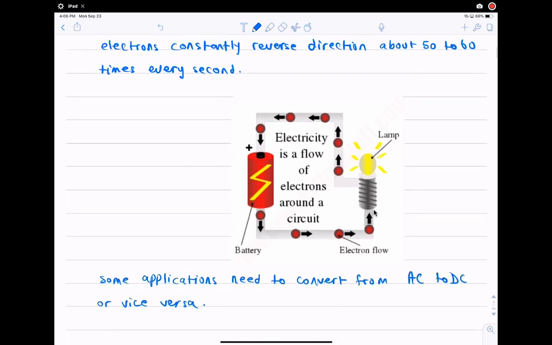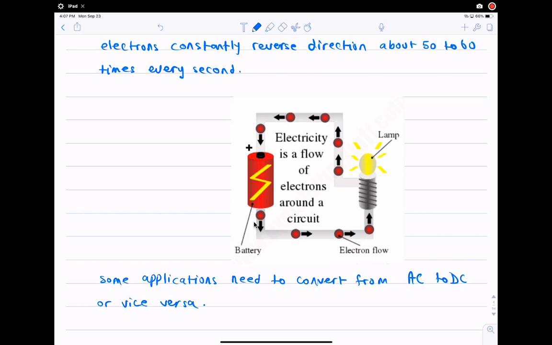Now with direct current, the electrons keep flowing through the filament, and the light goes on as soon as we connect this circuit to a battery. While with alternating current, the electrons keep reversing their direction, but they still go through the filament. Since there is constant movement of electrons, even if it's forward and backward, there's energy, so the filament heats up and the light goes on.